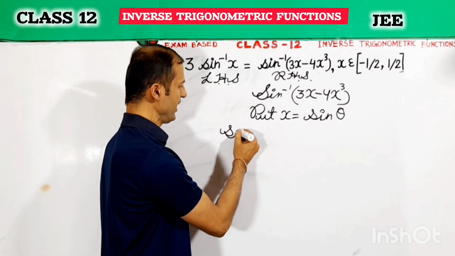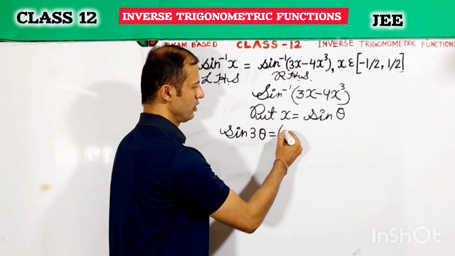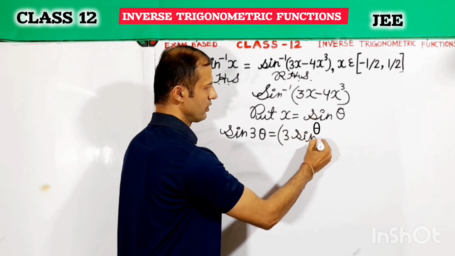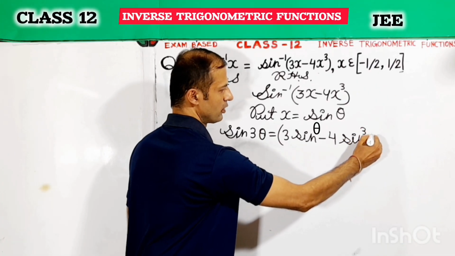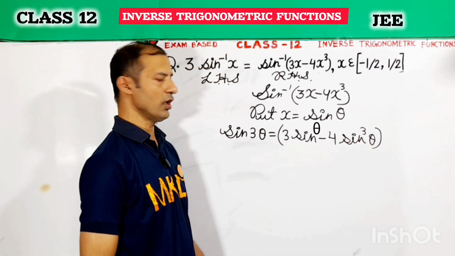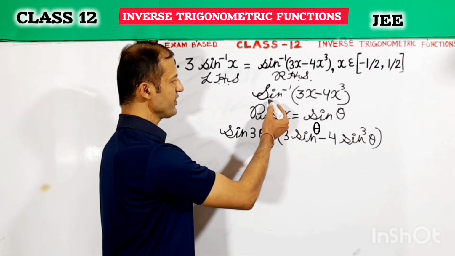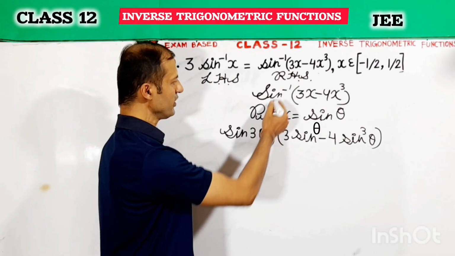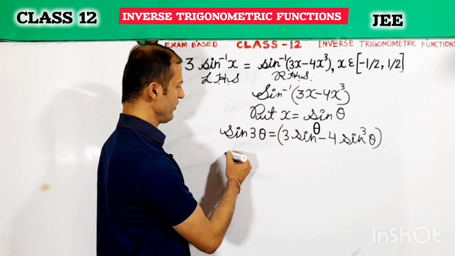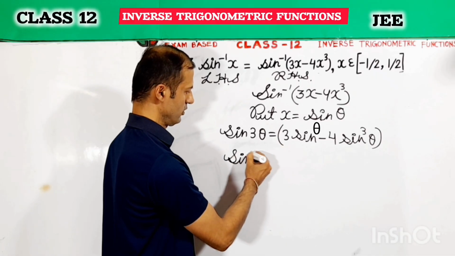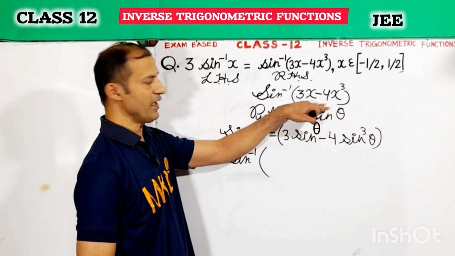So our formula will be created: sine 3 theta is equal to 3 sine theta minus 4 sine cube theta. Here our formula is ready, students. Now we have to observe that it is written sine inverse, so we'll keep that here.